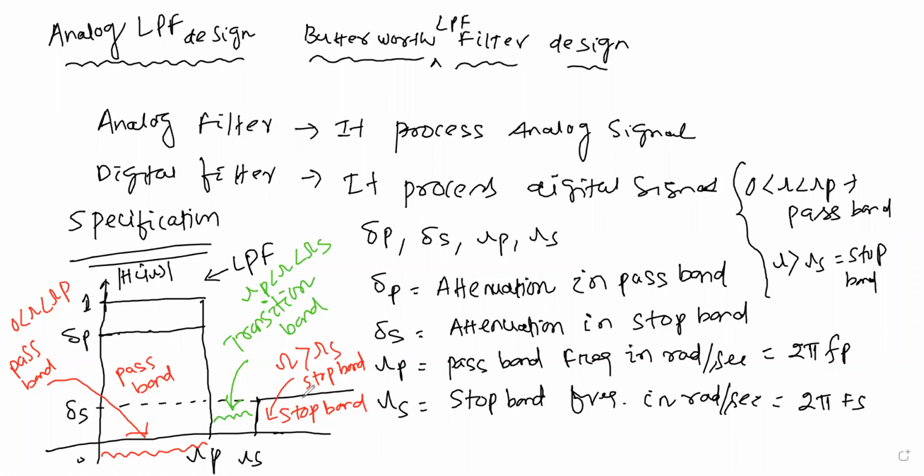Okay. So this was already explained last class. In the case of ideal, you will not find this transition band, but since we will go for practical design, that's why I'm showing all these 3 parts. This is the ideal low pass filter having sharp cutoff frequency, but we will go for the practical filter.